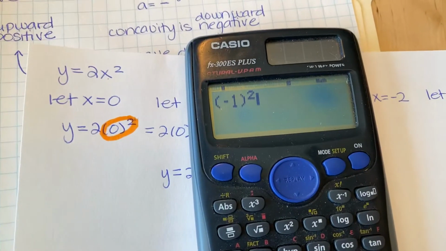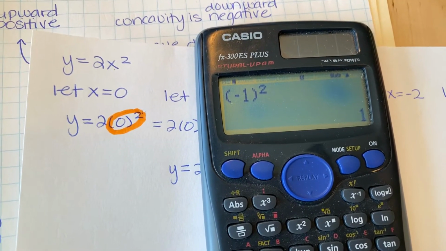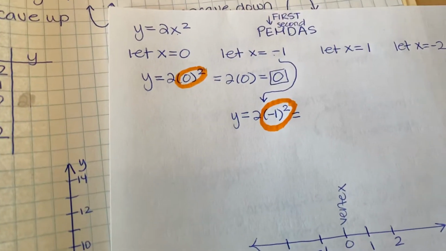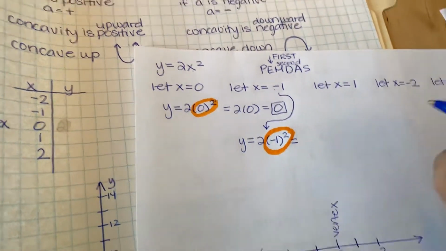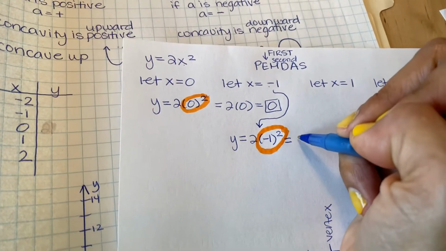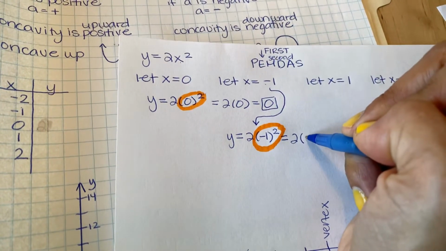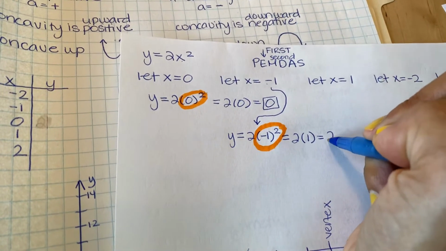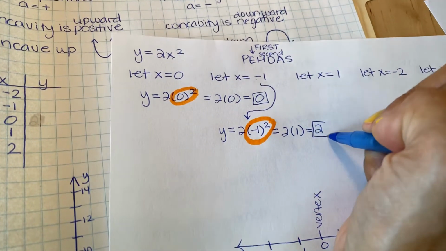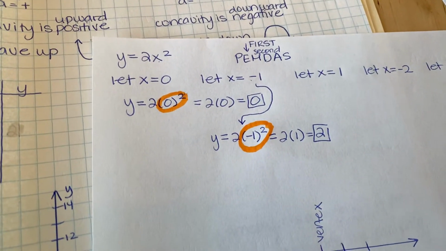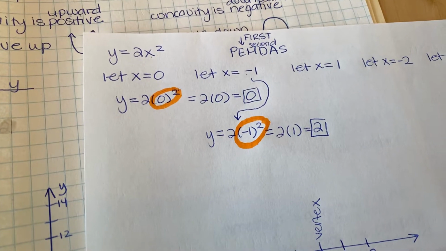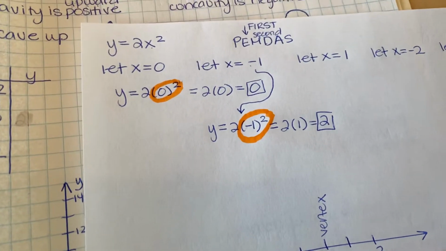Negative 1 squared is positive 1. So 2 times negative 1 squared is 2 times positive 1, which is 2. We'll come back and fill in the XY table according to our work.